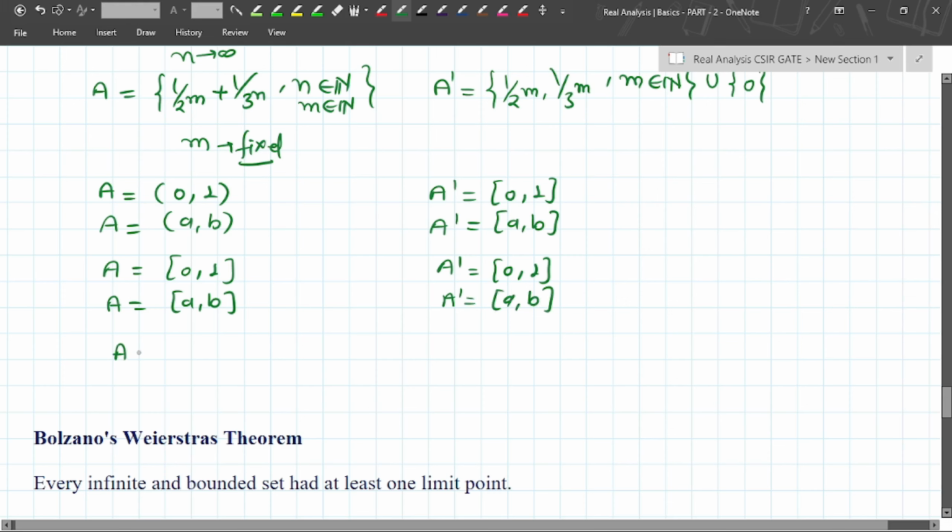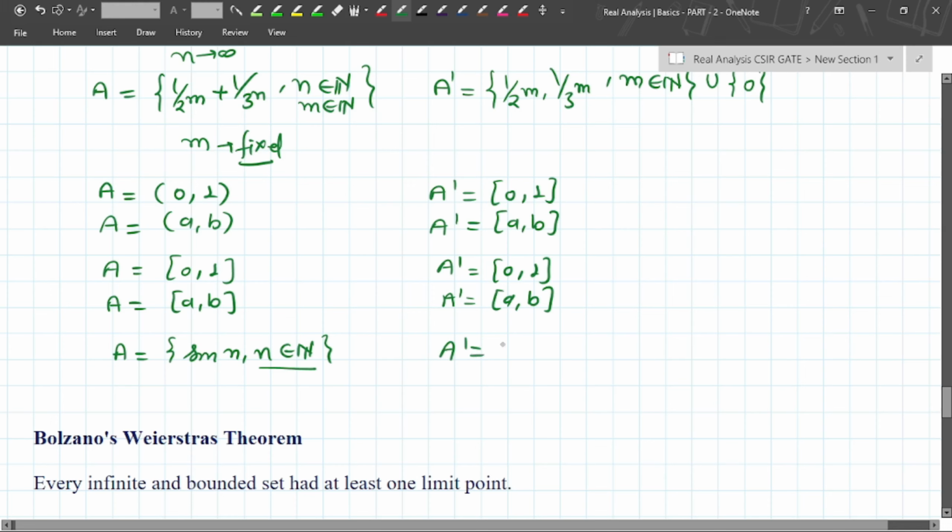Let's see, if my set is sin n, where n belongs to natural numbers, it takes values between -1 and 1. Now you can figure out the limit points: how many times will sine take -1, and how many times will it take +1? Infinitely many times, if n belongs to natural numbers. So -1 and 1 keep repeating, and in between all the values are repeating because these are periodic functions.